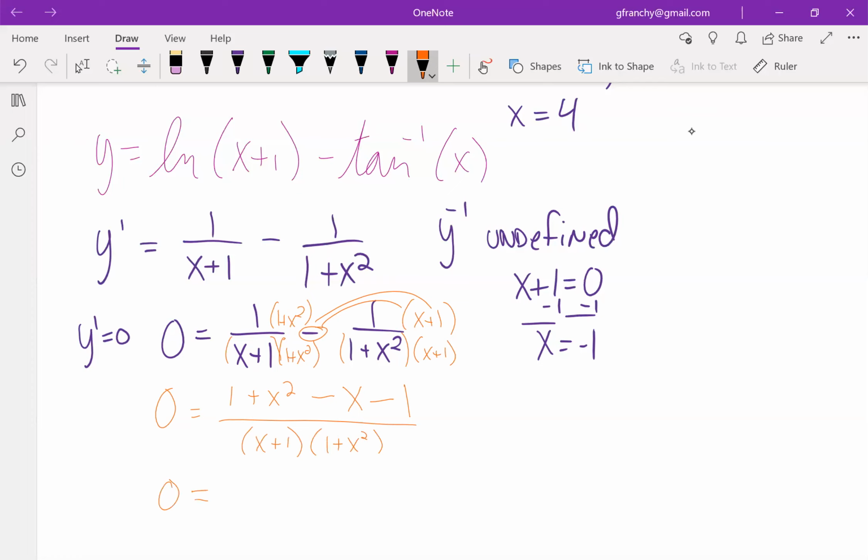And this is going to be 0 where the numerator is equal to 0. So that's going to be x squared minus x, which we could write as x times x minus 1, which gives us x equals 0 and x equals 1.